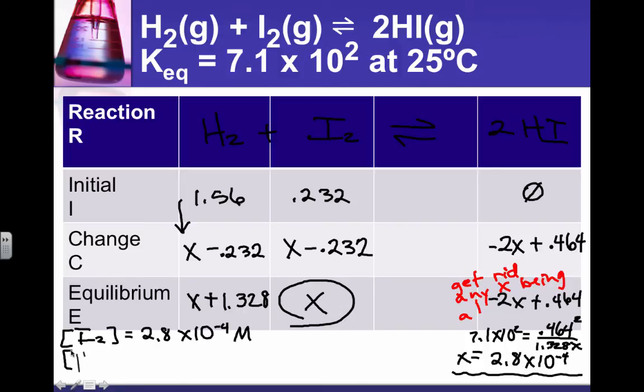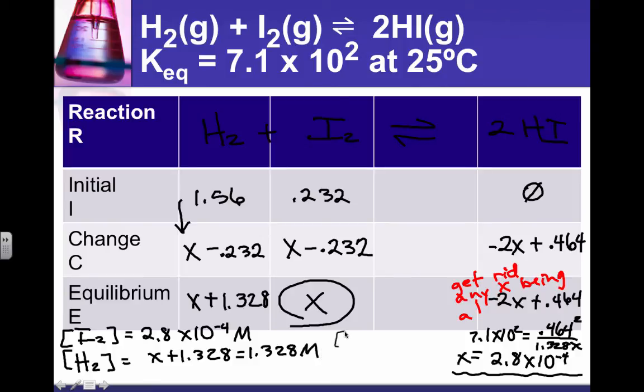The concentration of hydrogen is going to be X plus 1.328, and that's going to work out to 1.328 because adding 2.8 times 10 to the minus 4 plus 1.328 is still 1.328. Doesn't change.